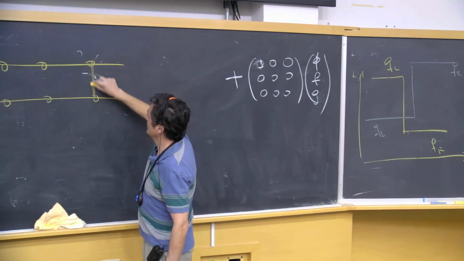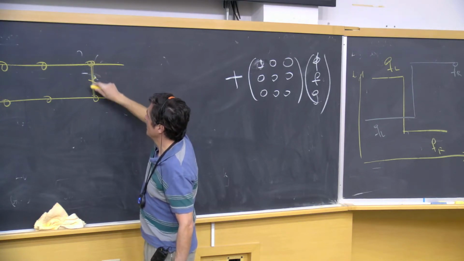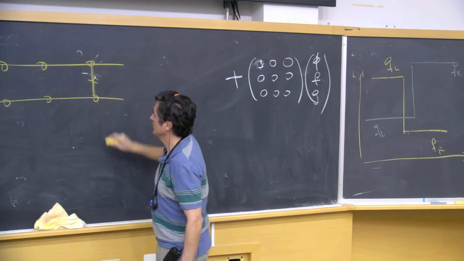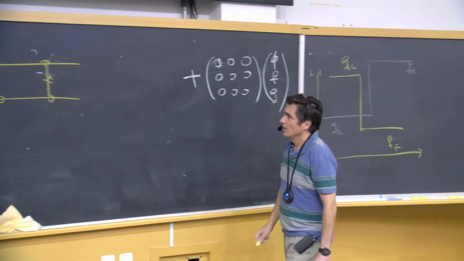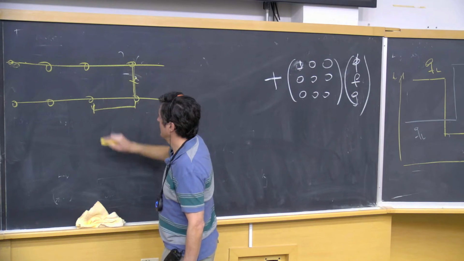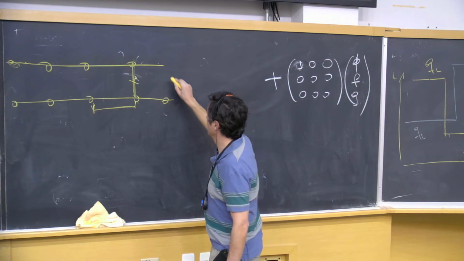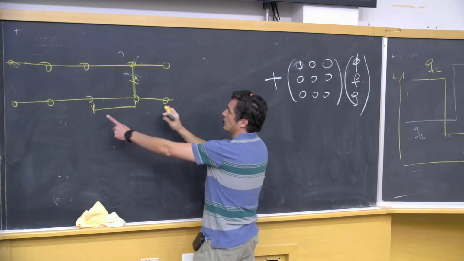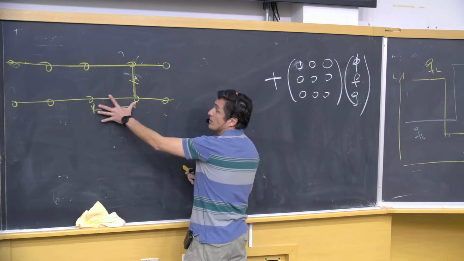Let's say we're considering this point. So we're going to take the time derivative in this using these points, but the space derivative, I'm going to use these two points. So it's not the center derivative. I'm not taking these two, taking these two.